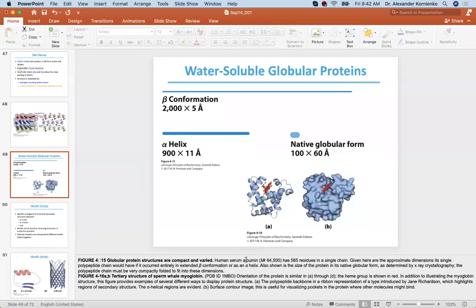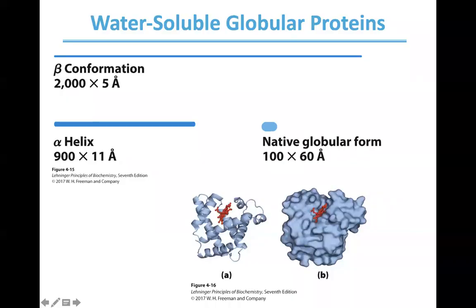So basically this is the predominant protein in the bloodstream, right? Human serum albumin. It's the protein that interacts with all these small molecules and drugs in the bloodstream. So if this only had one type of conformation, beta conformation, it would be super long, right? If it had alpha helix, again, super long and thick.